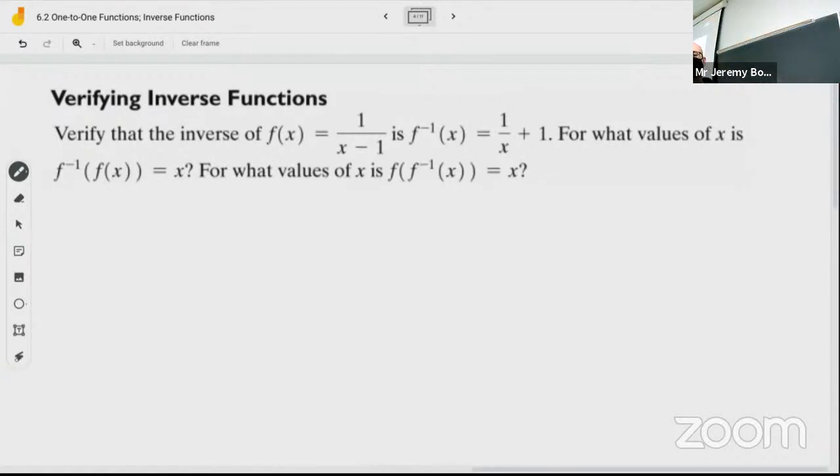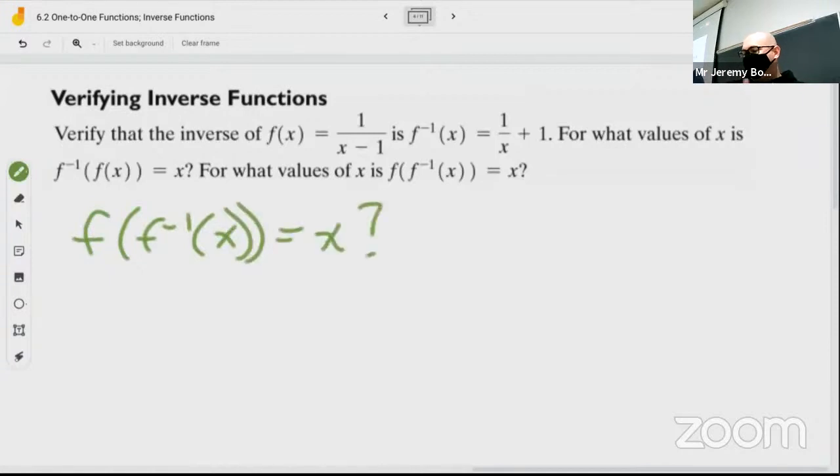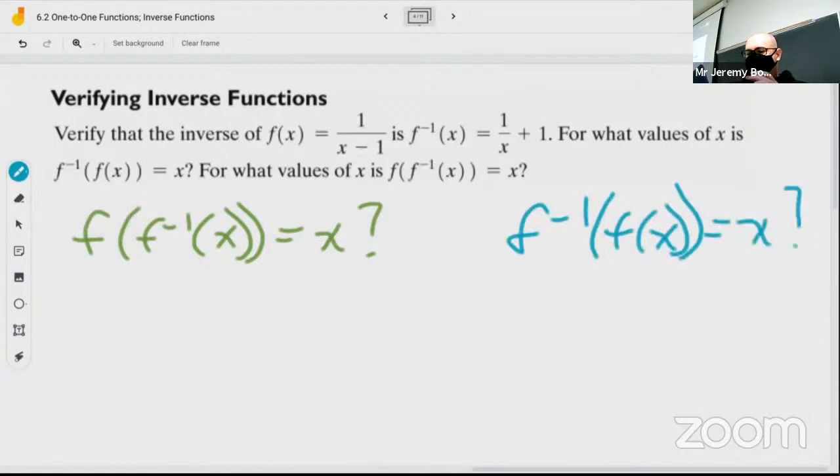To verify that these two functions are inverses, we're going to find f of f inverse of x and see if that equals x. And we're also going to find f inverse of f of x and see if that's equal to x. The two things we want to do.